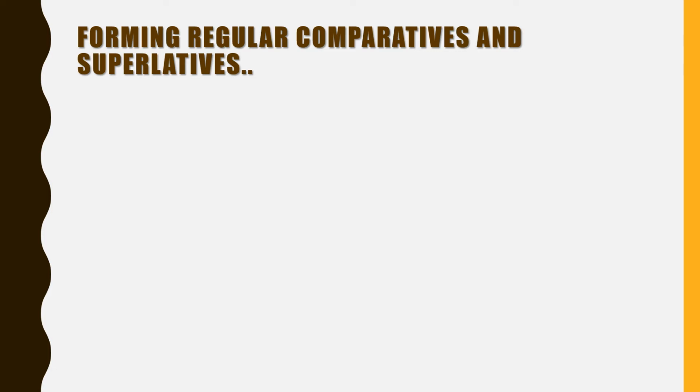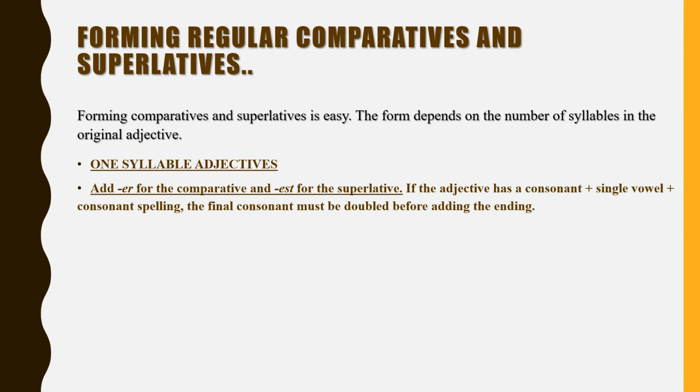Forming regular comparatives and superlatives. Forming comparatives and superlatives is easy, by the way, okay? The form depends on the number of syllables in the original adjective. One-syllable adjectives: add er for the comparative and est for the superlative.